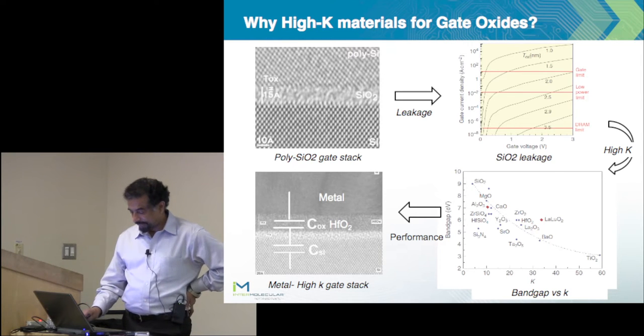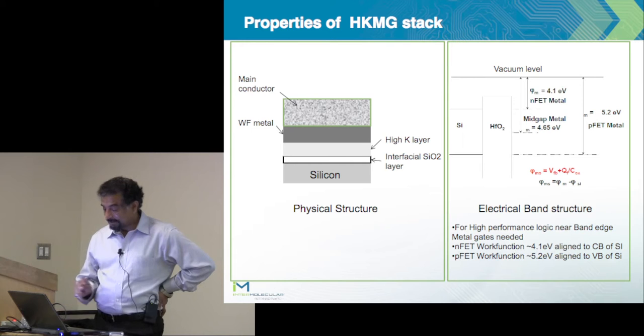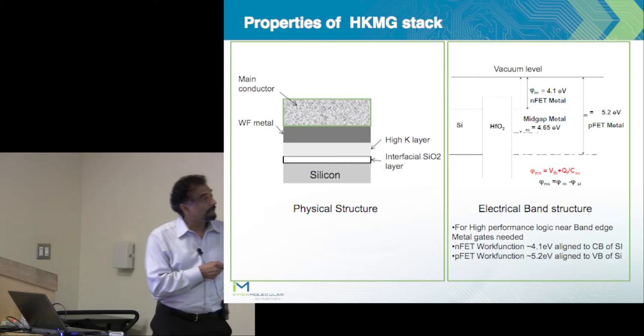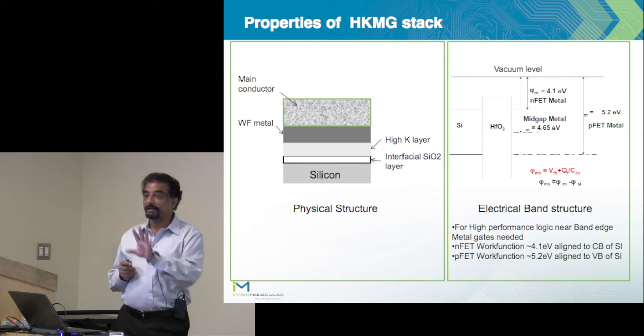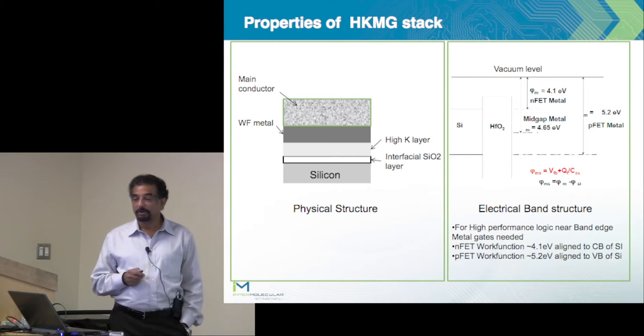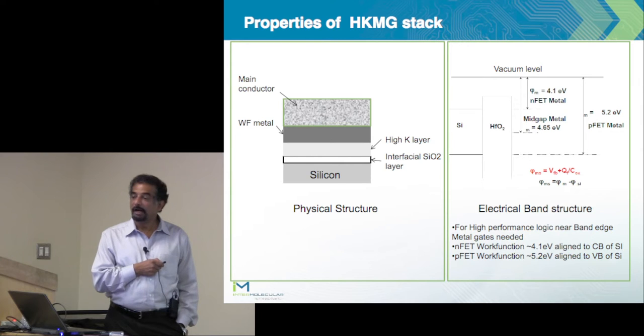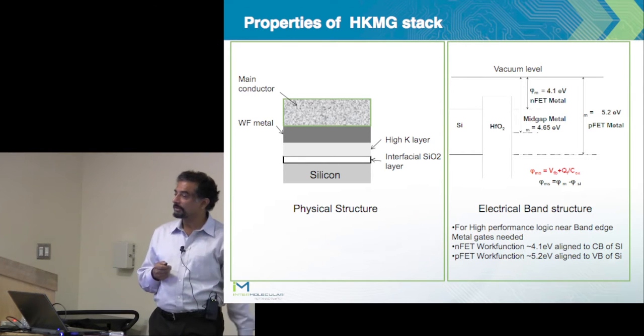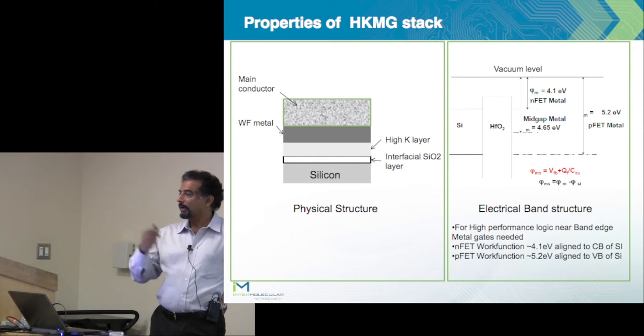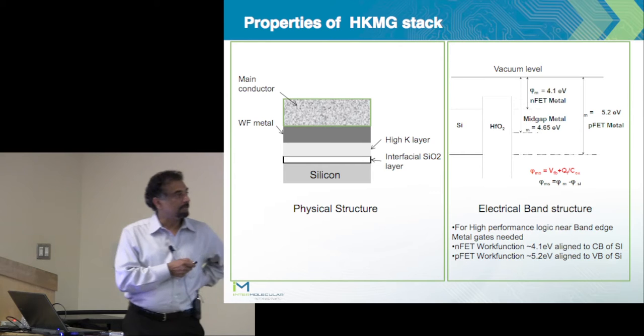If you look at a high K metal gate stack in many of the devices, this is what we have: silicon, an interfacial SiO2 layer, a high K layer, a very thin metal layer which determines the work function, and then another layer placed on top of it, which is basically for other purposes, for conduction, etc.